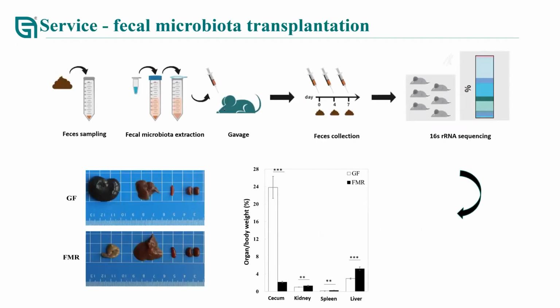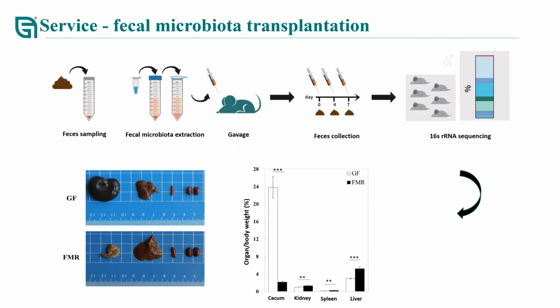For fecal microbiota transplantation, here is a brief description. No matter whether the feces is from mice or humans, the first step is extraction. We will first extract the microbiota isolates from the feces, and then transplant them into germ-free mice by gavage.